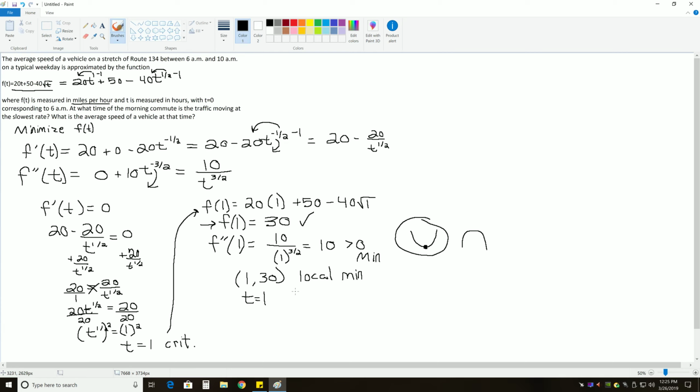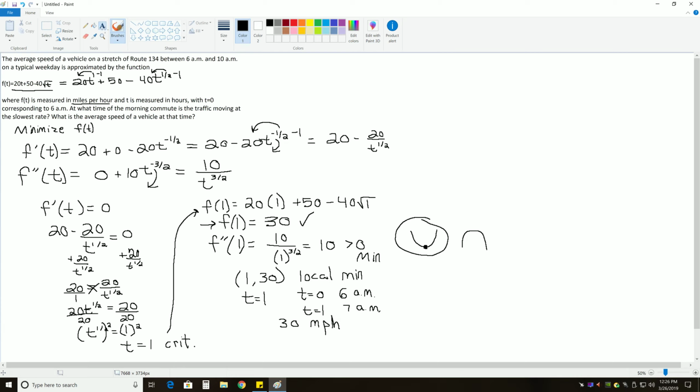And we know that when t is 0, it represents 6 a.m. So t equals 1 represents 7 a.m. Now the second part is, what is the average speed at that time? That's the f of 1 value that we found, which is the 30 miles per hour.